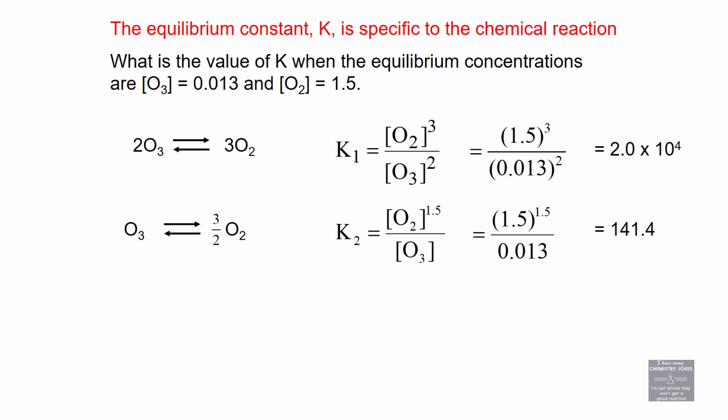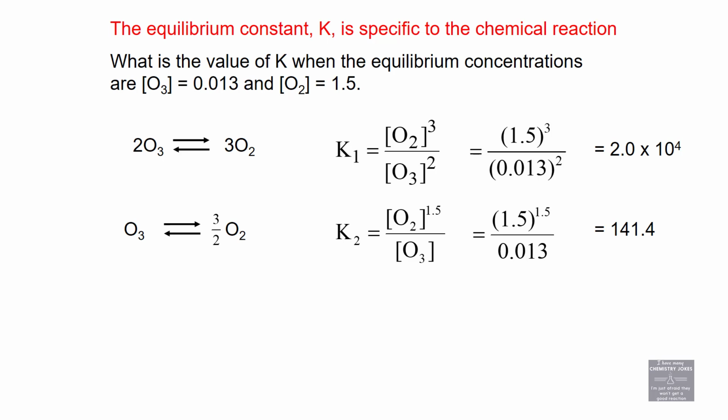Well, because the K is specific to the chemical reaction, the K is different when the coefficients are different. The actual reaction is the same as far as it's O3 reacting to become O2, but when the coefficients are different, it makes the value of K different.